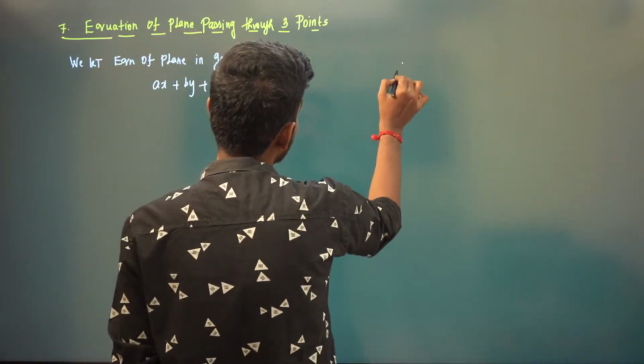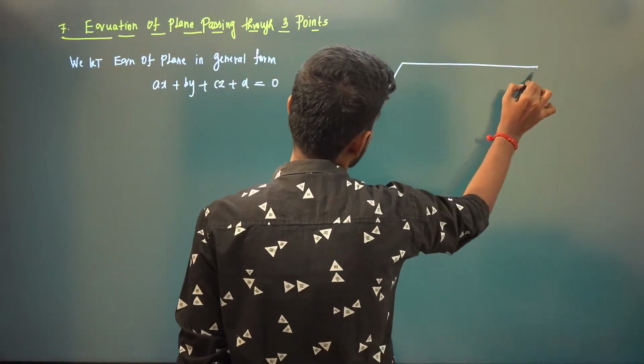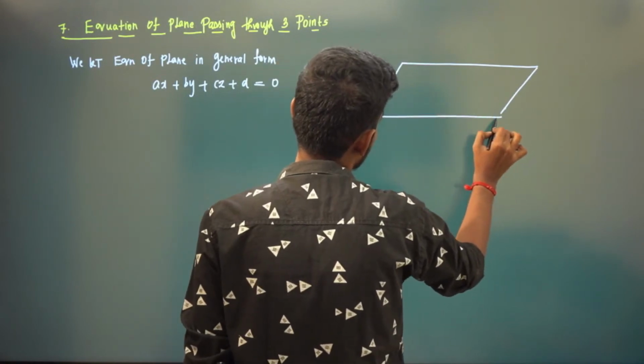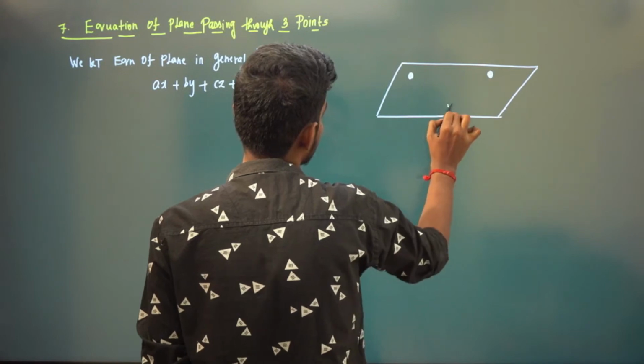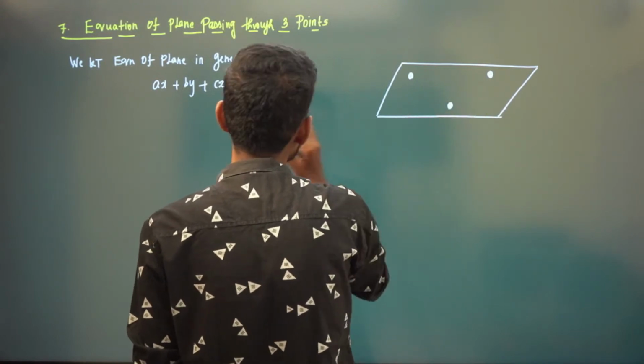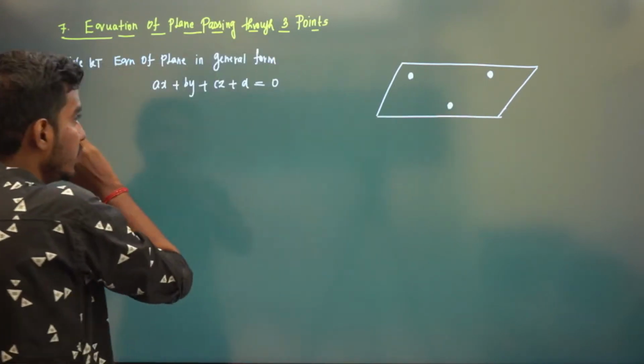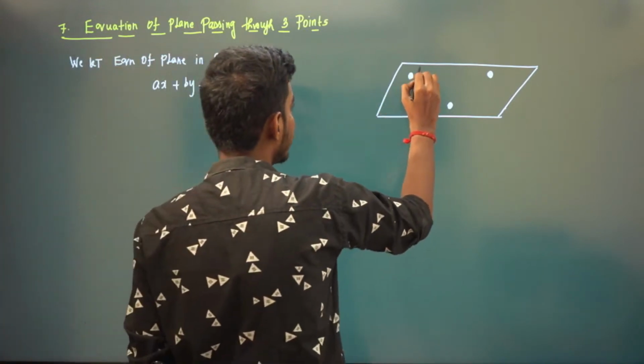So here this plane has to pass through 3 points. That means all these 3 points will lie on the surface, right? So let A, B, C be the 3 points that plane is passing through.